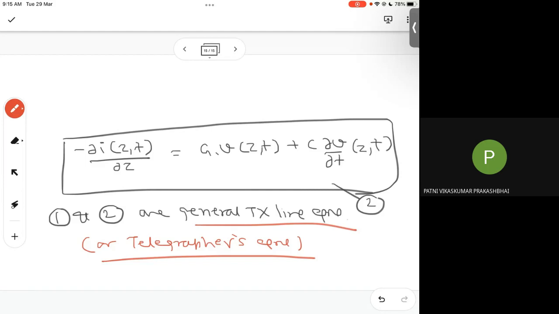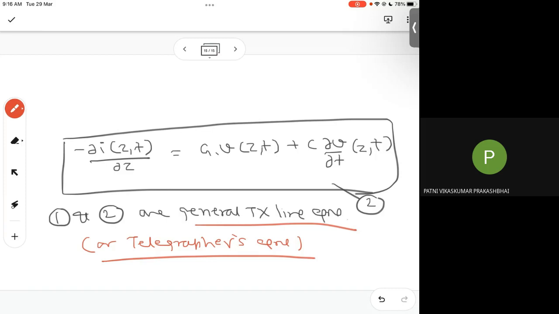But the electronic communication system was called a telegraph, and so these equations, the general transmission line equations, are also known as the telegrapher's equations. This is such an old concept, but it is still valid when I'm designing a PCB for high frequencies, for say a laptop, my mobile phone or my TV.